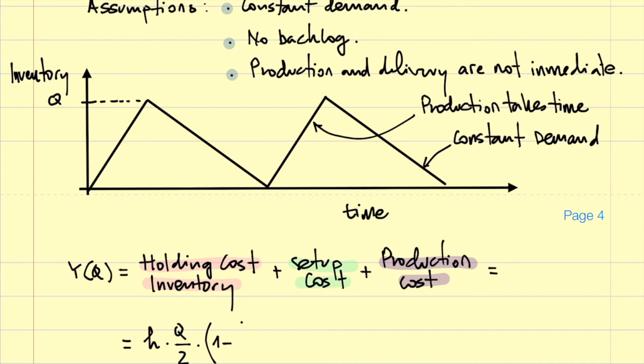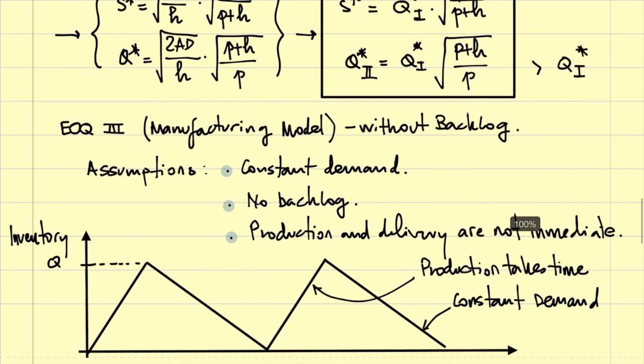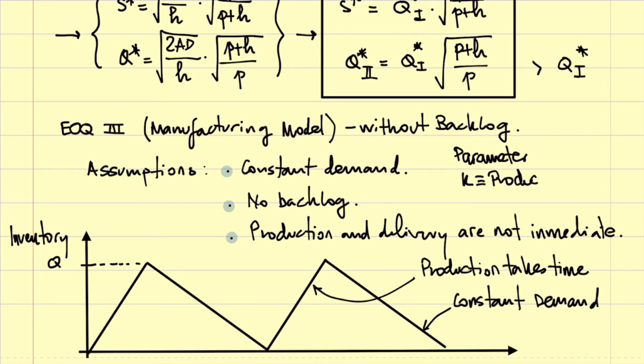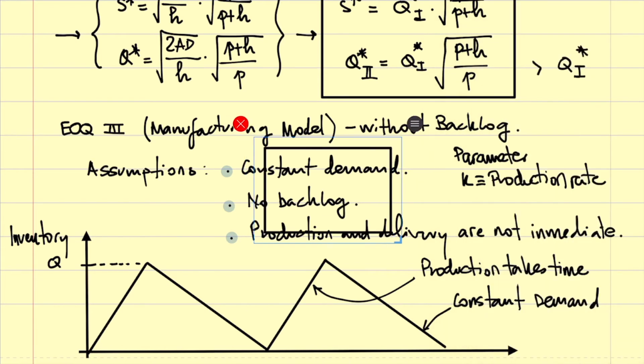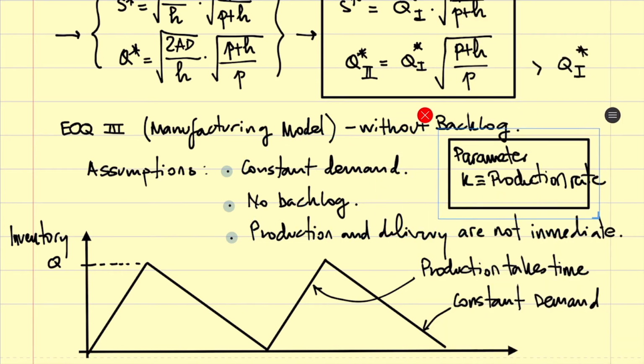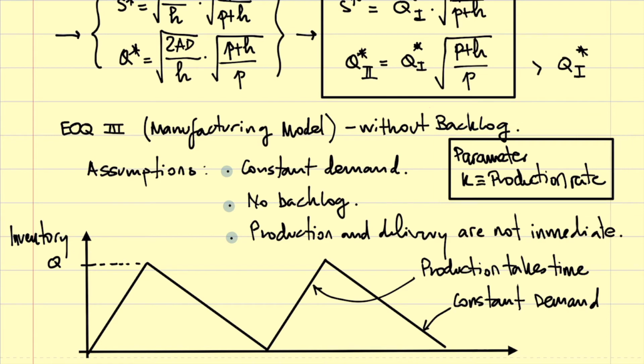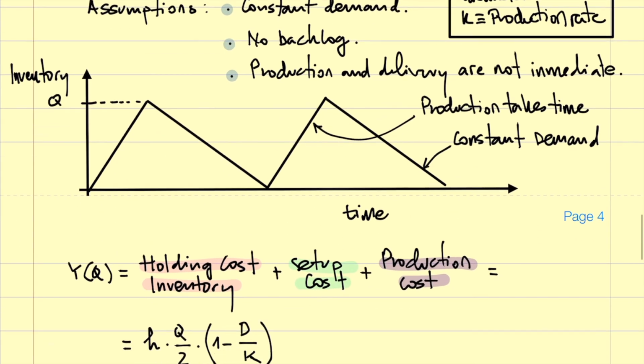Now we have 1 minus D divided by K, where K is the production rate, how fast we produce.